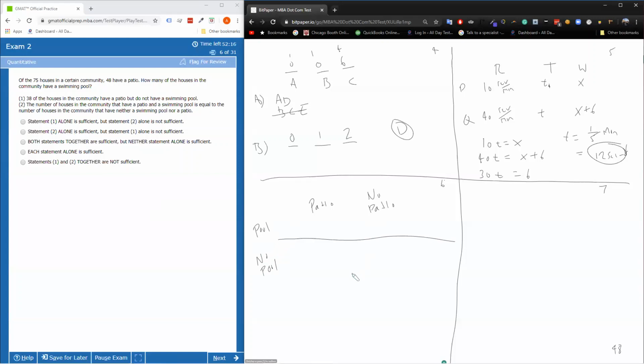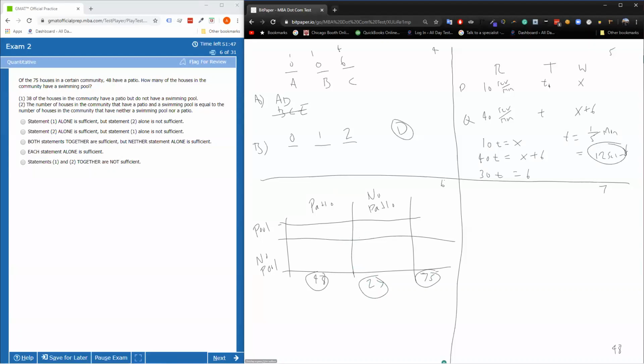Between this should represent every single person in our population. So we got 75 houses, that's our total. 48 have a patio. I'm going to circle this because it's data sufficiency, so I don't want to erase this. 22 plus 5 is, we got 27 people don't have a patio.